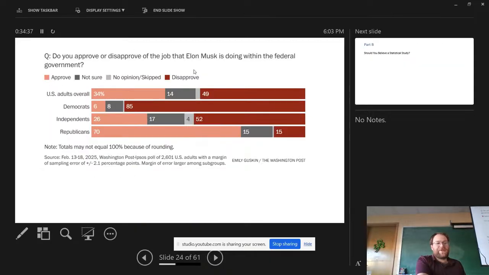This one's dealing with Elon Musk. 2,601 adults, sampling error of plus or minus 2.1% of each of them. Margin of error larger among subgroups. When you see the word sub, does that mean bigger or smaller?